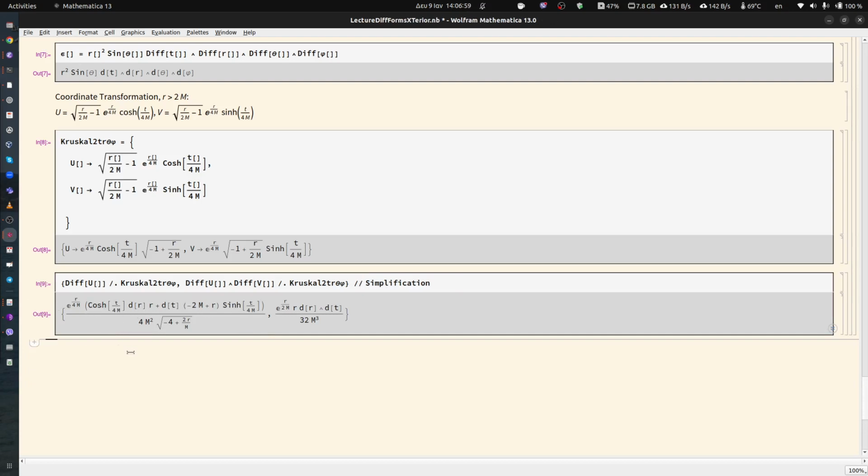So you see here the result. Try to do this calculation by hand. It's not so hard. It's kind of tedious, but it is not hard. It's straightforward.